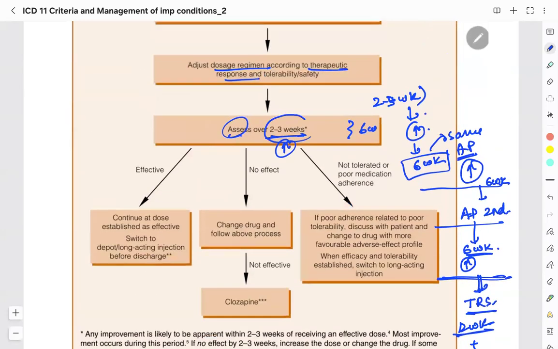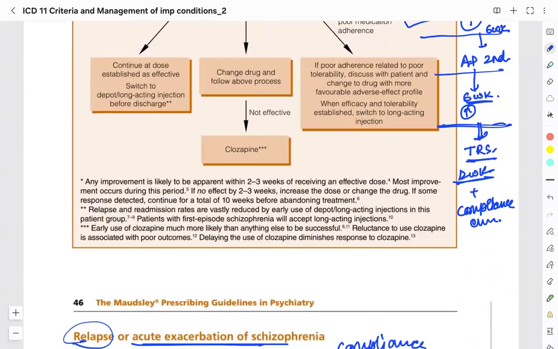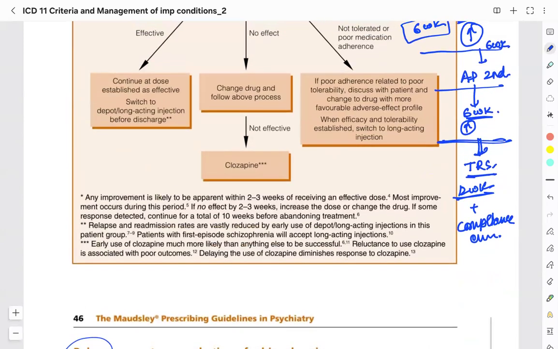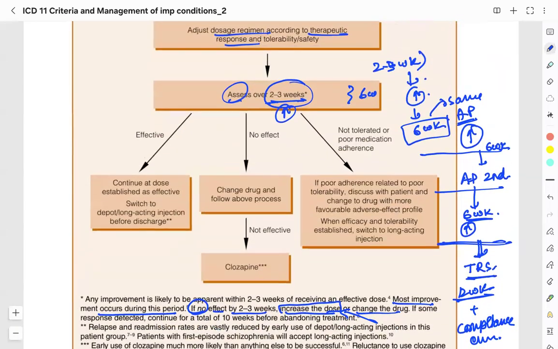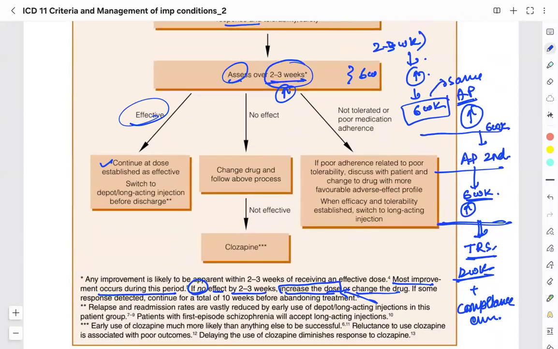They also write here that most improvement occurs during this period. If there is no effect by 2 to 3 weeks, increase the dose or change the drug, but what we usually do is increase the dose. If effective, continue at the established dose and switch to long-acting injectable.